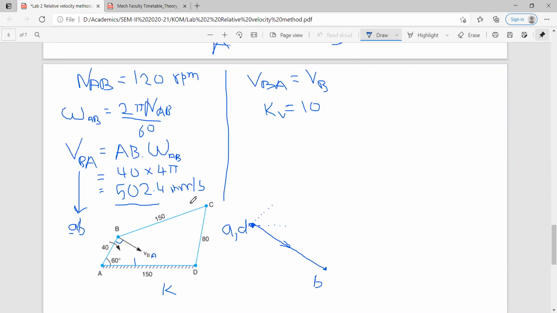अभी देखो. I will move to the next point, point C. Okay. So for point C, I will take velocity of point C with respect to which point? With respect to point B. Okay.